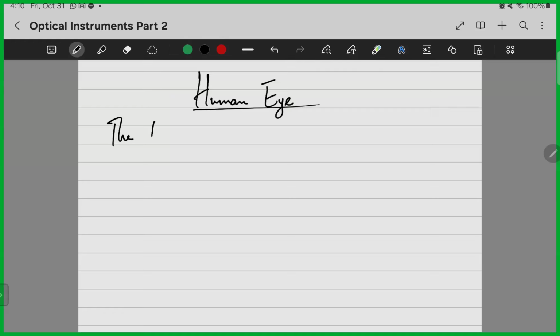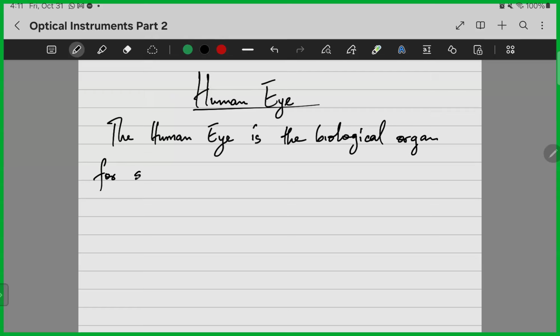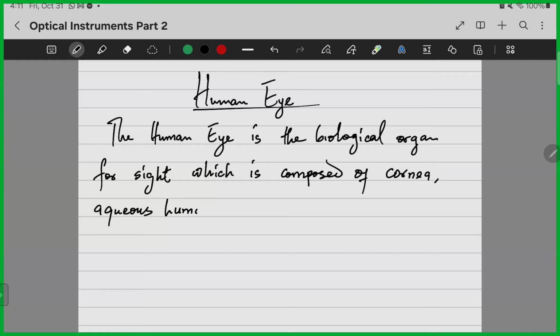The human eye is a biological organ for sight, which is composed of cornea, aqueous humor, vitreous humor, the iris, retina, the lens, among other important components.